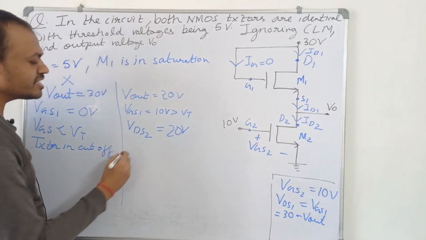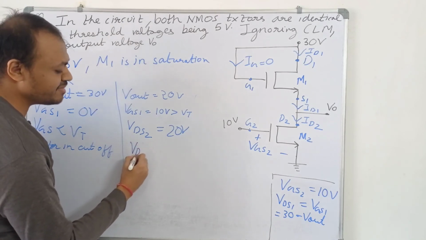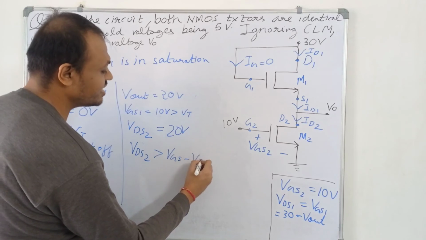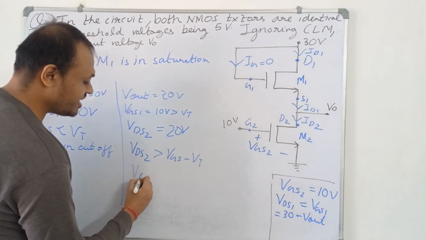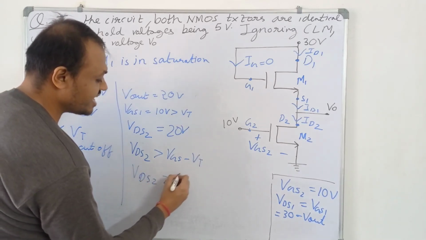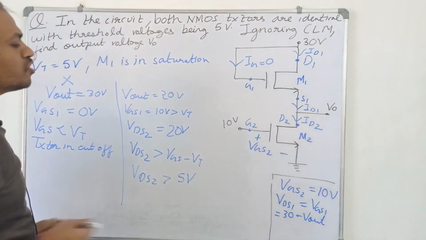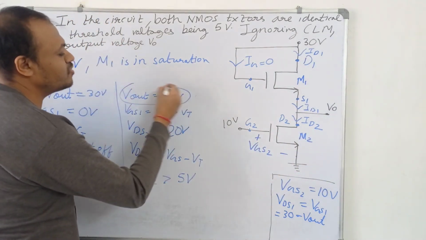So VDS2 is equal to 20 volt. It means that VDS2 is greater than VGS minus VT, that is, greater than 5 volt. So our condition for saturation is satisfied. So M2 is in saturation and the output voltage Vout is equal to 20 volt.